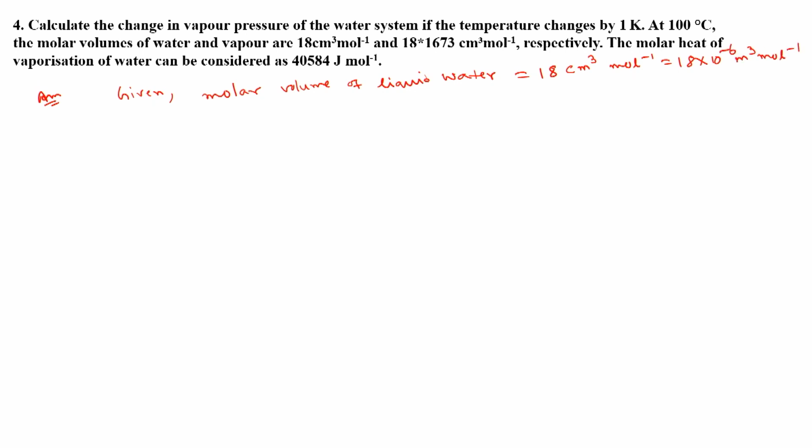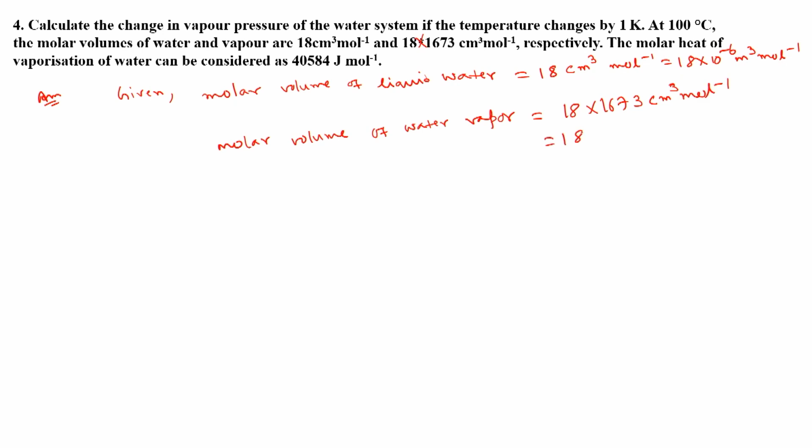This is in SI units, so we are converting centimeter cubed to meter cubed. So the molar volume of water vapor is 18 times 1673 centimeter cubed per mole.